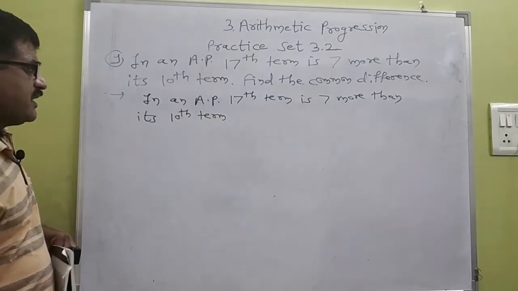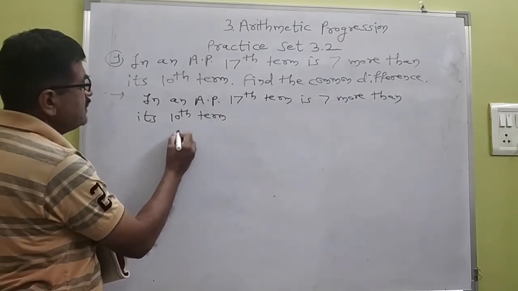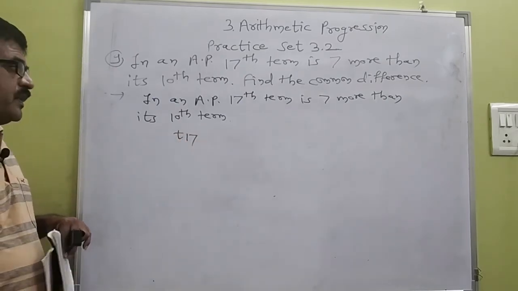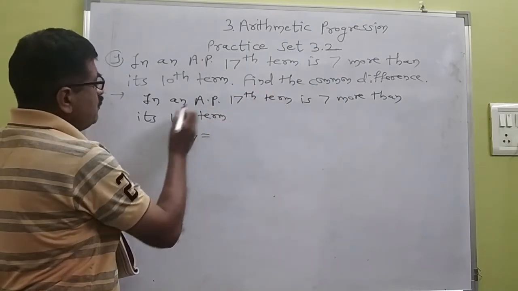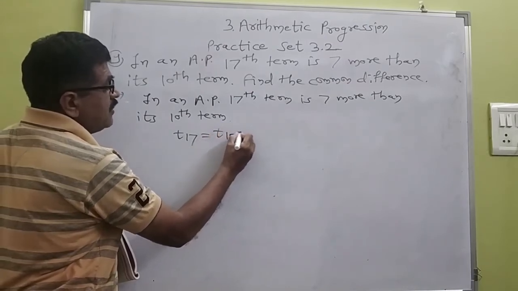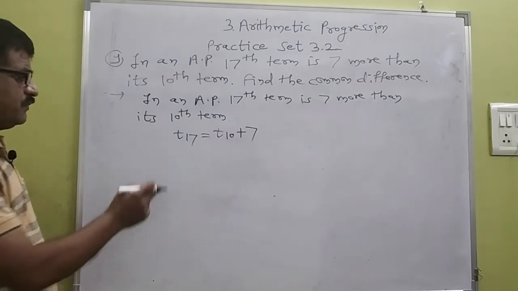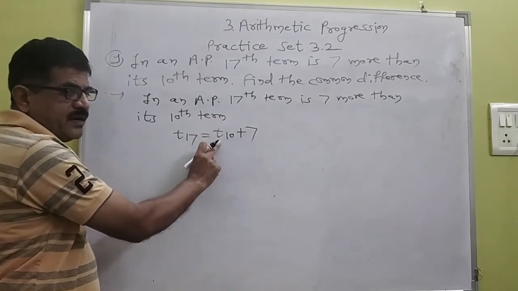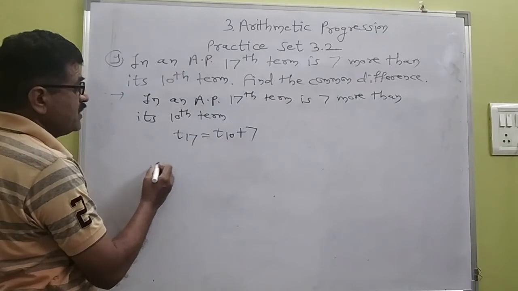Now we can write this as the 17th term, that is T17, is equal to 7 more than the 10th term. Now the 10th term is T10, so T17 is equal to T10 plus 7. Now put the values by using the formula.